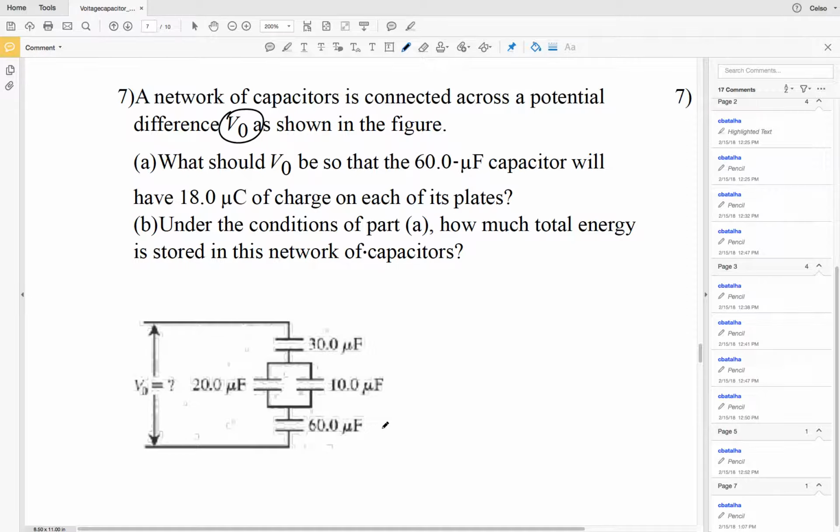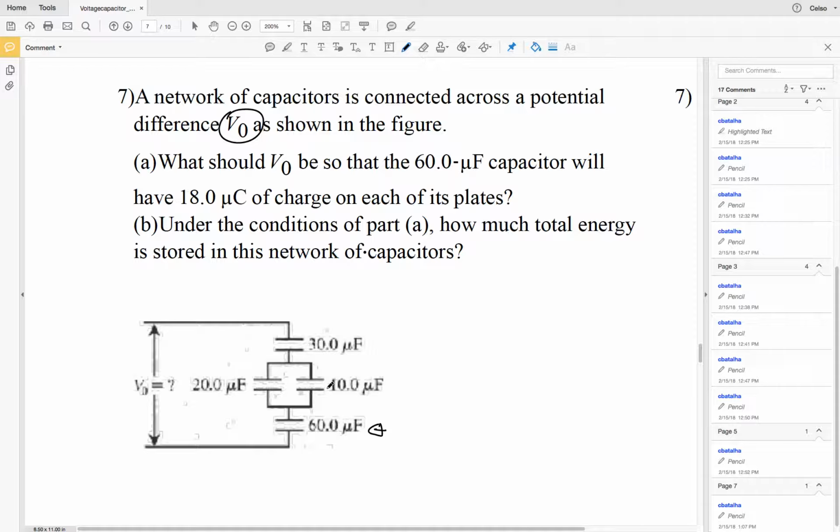Oh, this one. Okay, so let's do one thing at a time. Let's do everything in this circuit. Let's calculate everything, all the voltages, all the charges, everything.